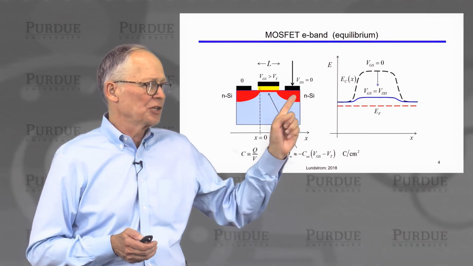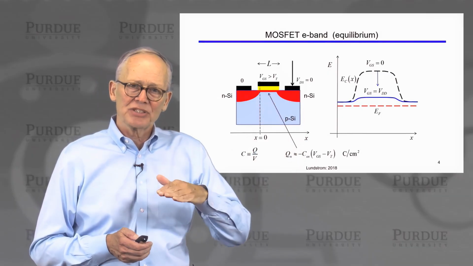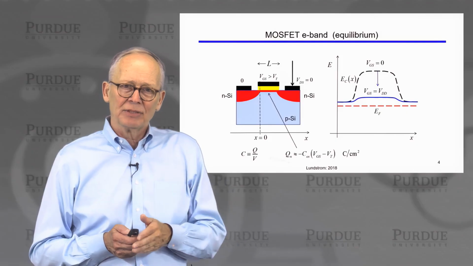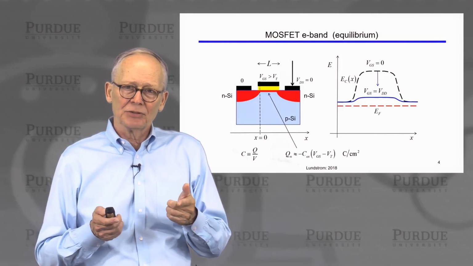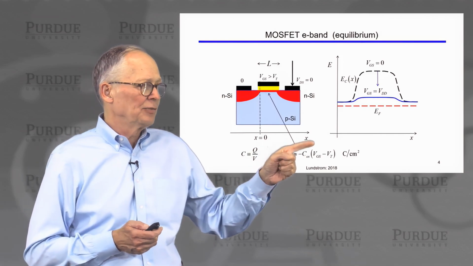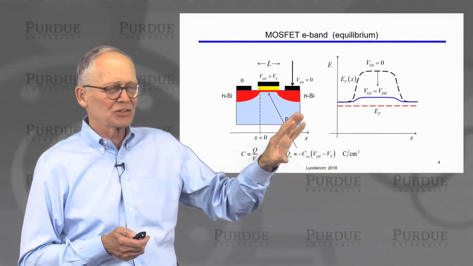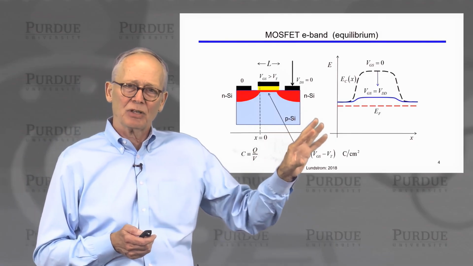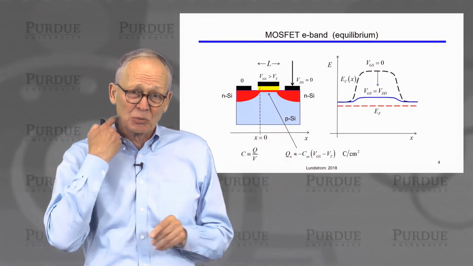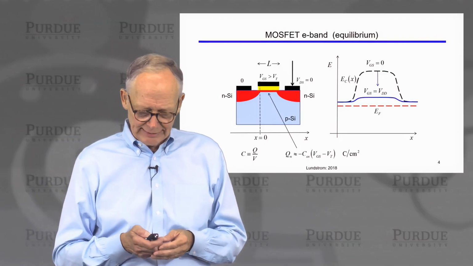We only have charge flowing into the channel when the barrier has been pushed down far enough, when the voltage is above a critical value and the charge can flow over the barrier and into the channel. So the voltage is Vg minus that critical voltage. All right, so this should look plausible to you. We'll talk a lot more in the next unit about where that comes from. That's a topic we call MOS electrostatics.